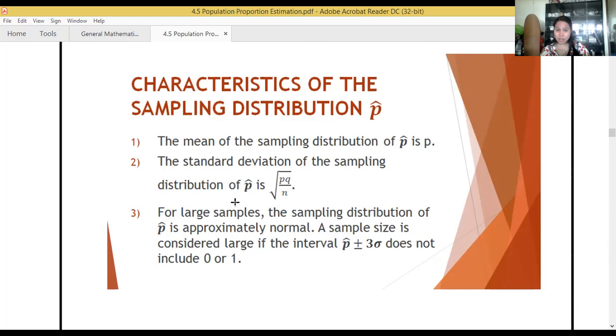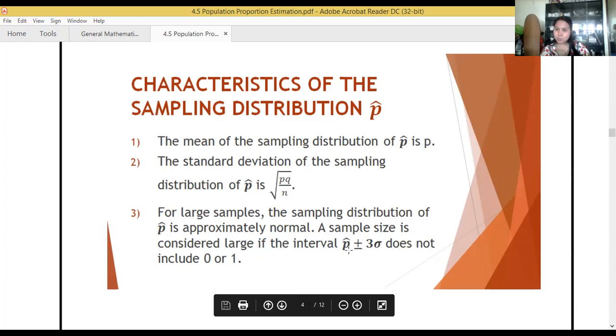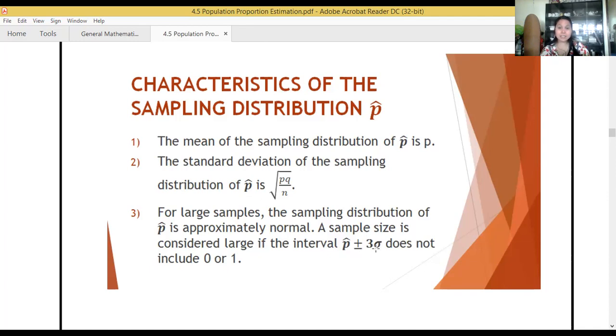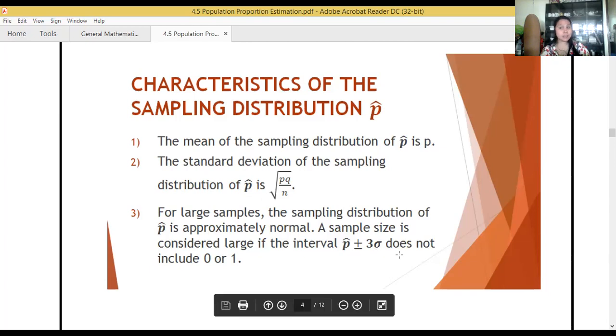The sample is large if you compute P plus and minus 3 times the standard deviation, and it does not include 0 or 1. Let me give you an example afterwards.